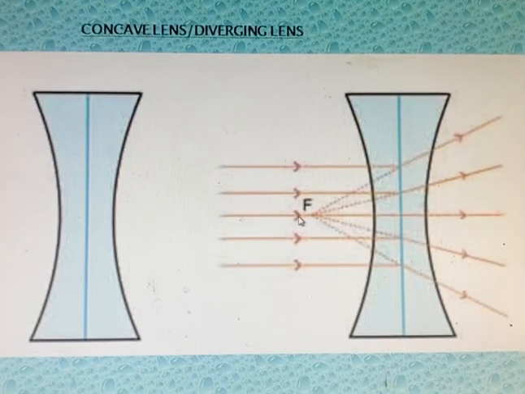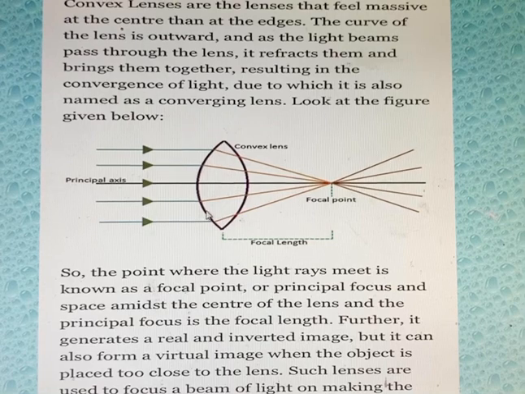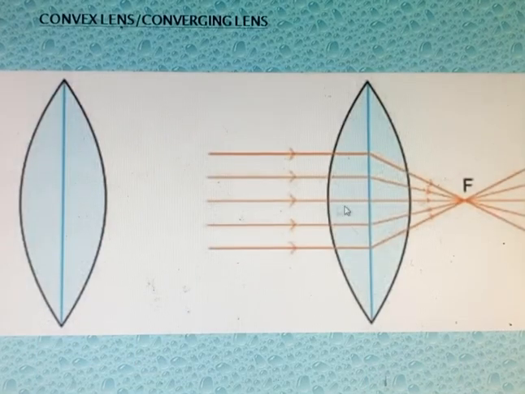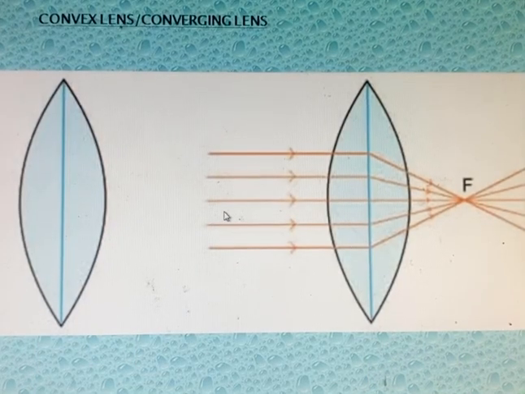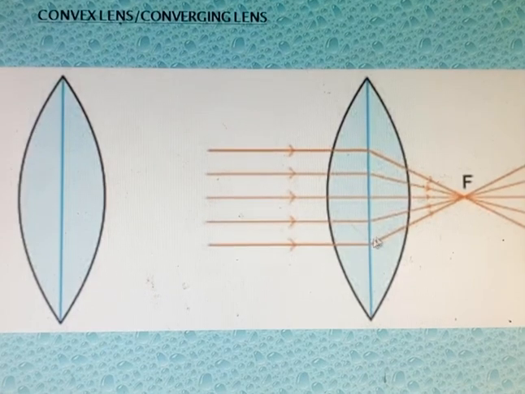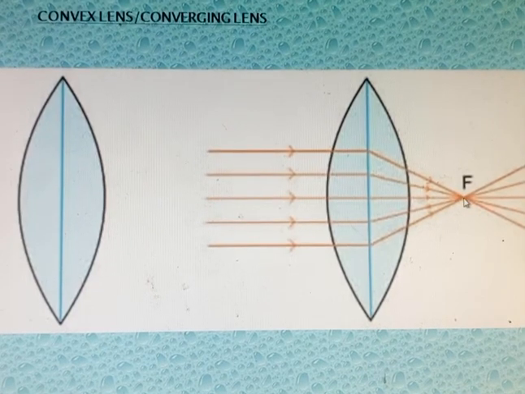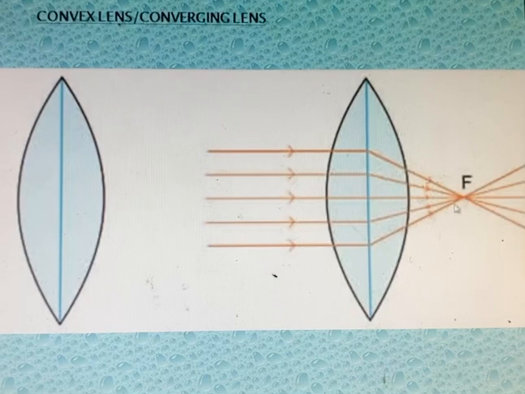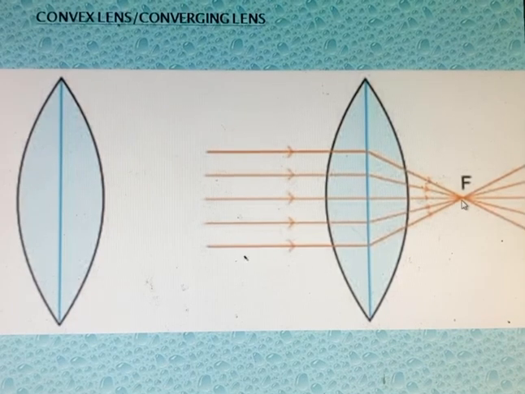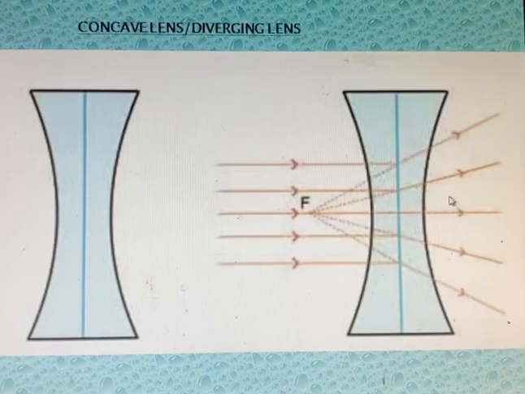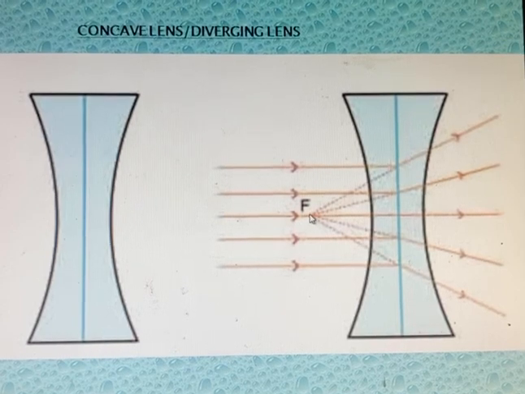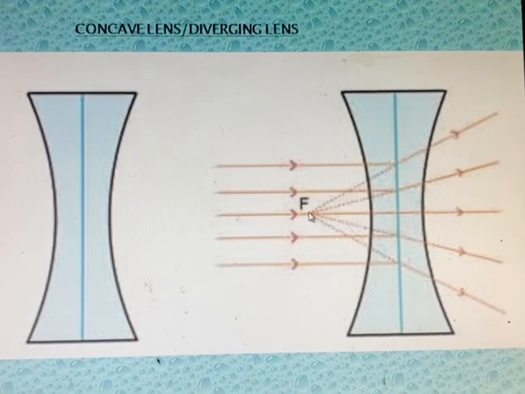Let's go back. See, for the convex lens, what happened? They are meeting at a certain point called focus. That means after crossing the lens, focus is forming. But here, focus is forming before reaching the lens.